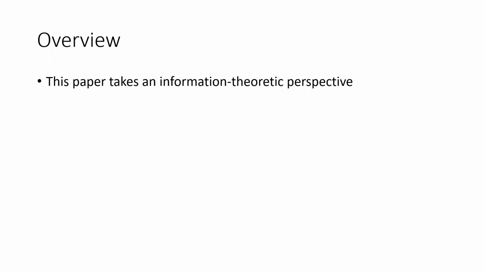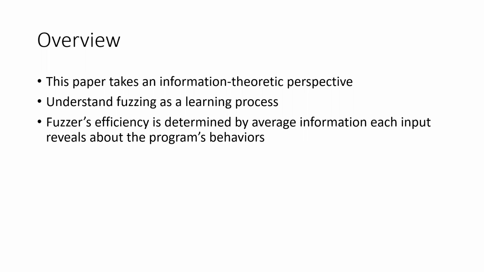So this paper takes an information-theoretic perspective to fuzz testing and tries to understand fuzzing as a learning process. They determine a fuzzer's efficiency by determining the average information each input reveals about the program's behaviors.